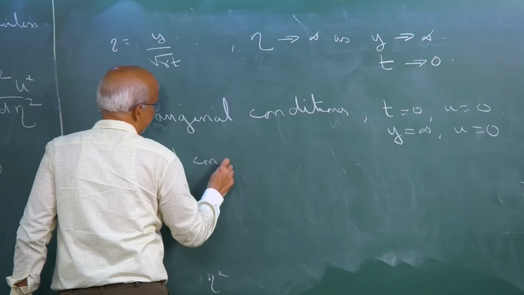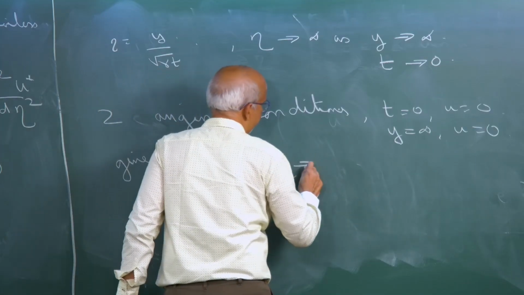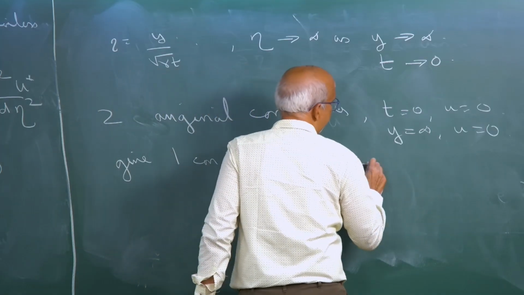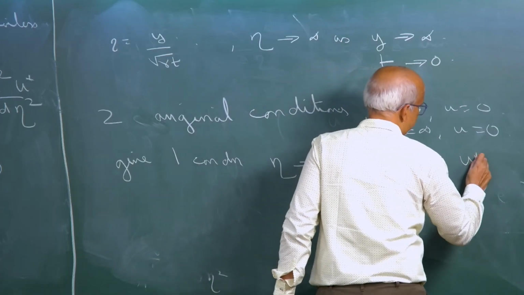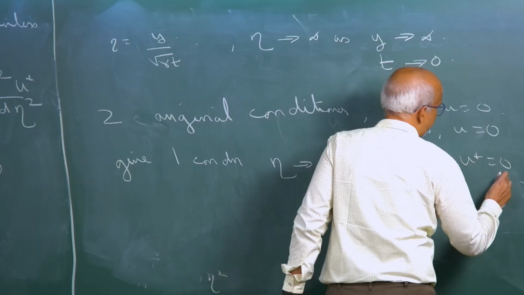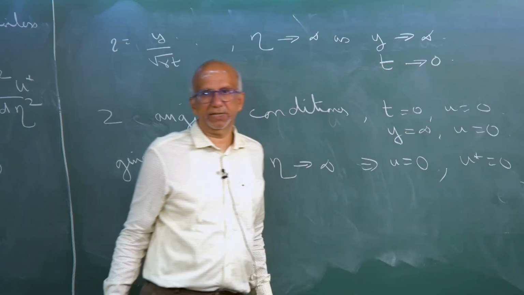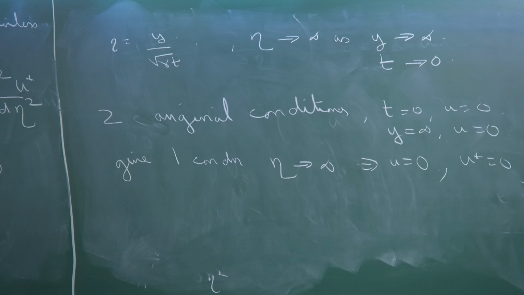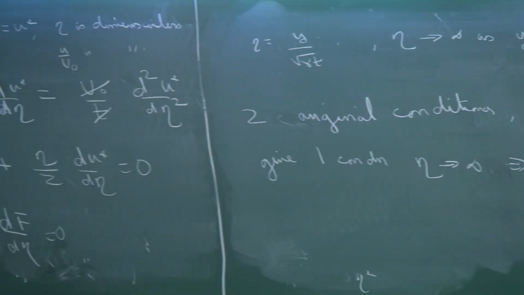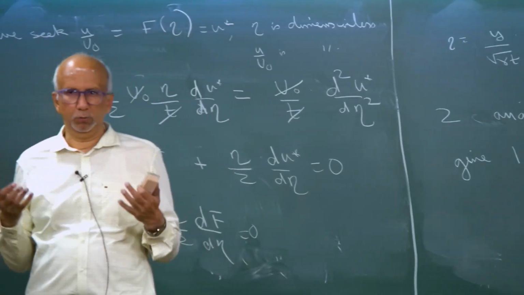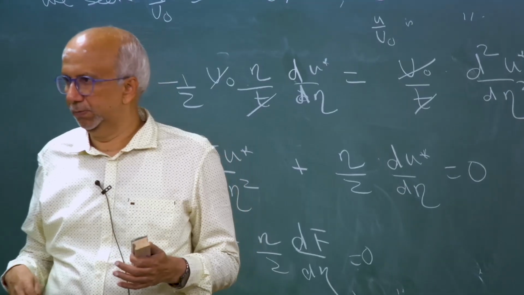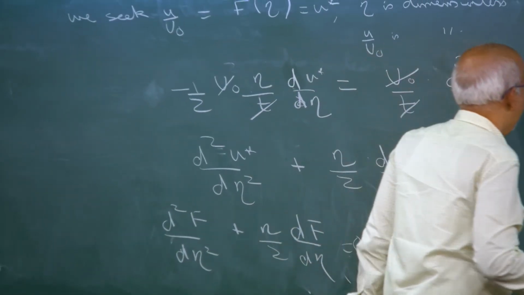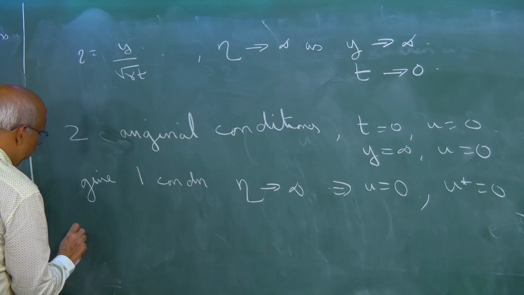Give one condition, eta tends to infinity implies u is 0 or u star is 0. You understand? So, when I am using my similarity transformation, two of the conditions collapse into one. Therefore, one more is remaining, that has to give me the second one. So, this gives me the condition at y equal to 0.